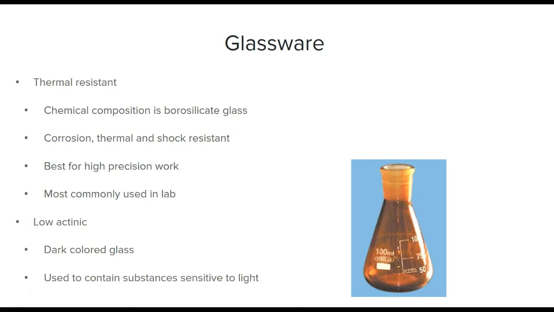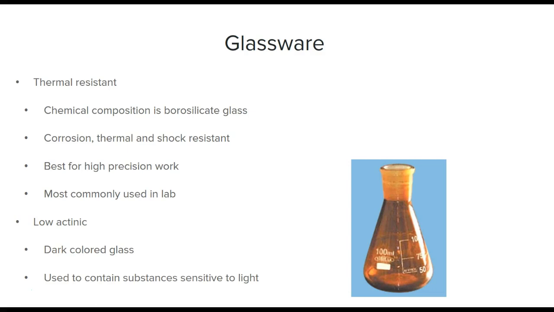Okay, so now we're on the glassware. And this is clumped into serology because we used to use a lot of glassware in serology and also chemistry too, even though it's getting more obsolete as the years go by. Okay, so the types of glassware.